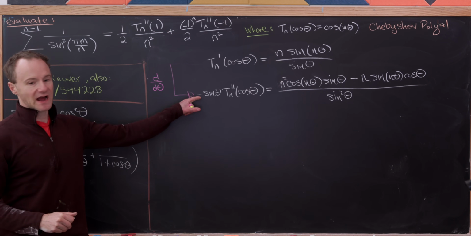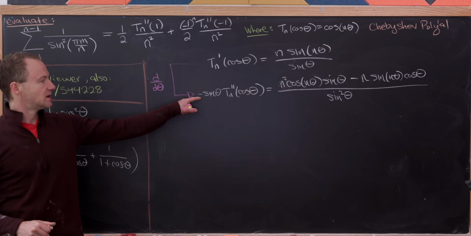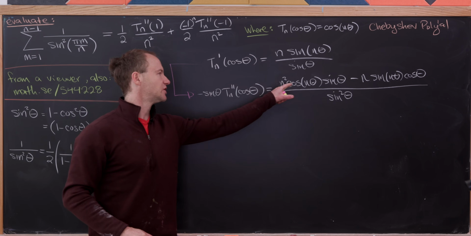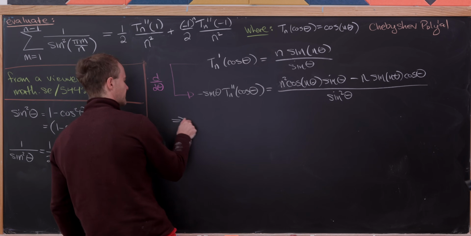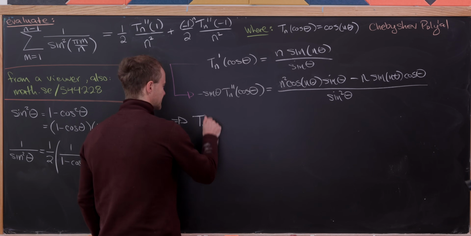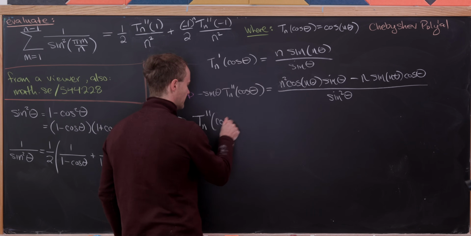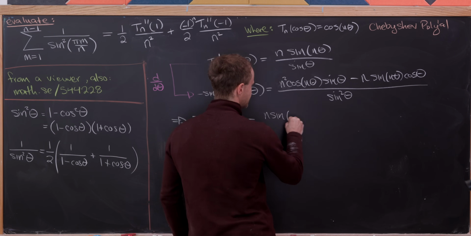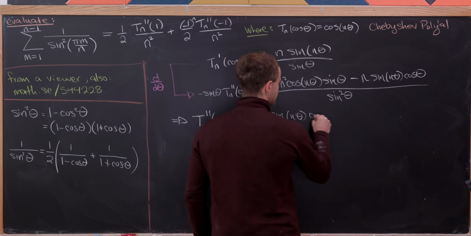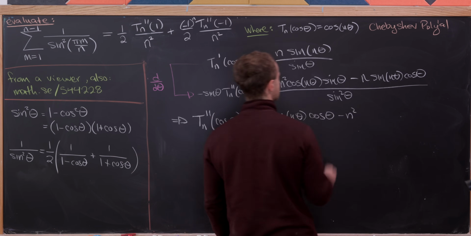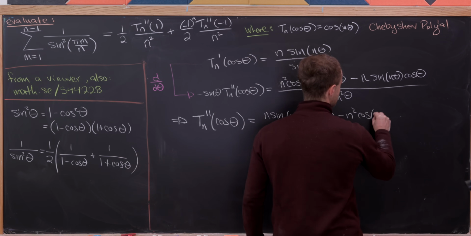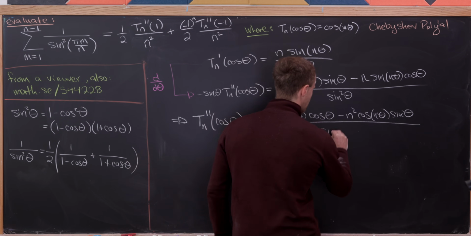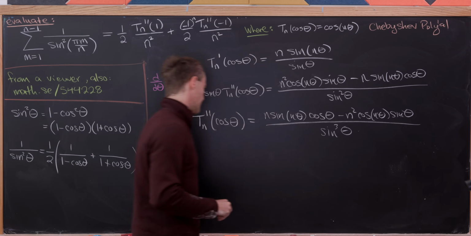Now, next up, we'll divide by a minus sign, but then dividing by a minus sign will build this denominator to a sine cubed, and it'll switch the order of subtraction. So that gives us Tn double prime of cos theta is equal to n times sine of n theta times cos theta minus n squared times cos n theta times sine theta. And then this is going to be all over sine cubed theta.